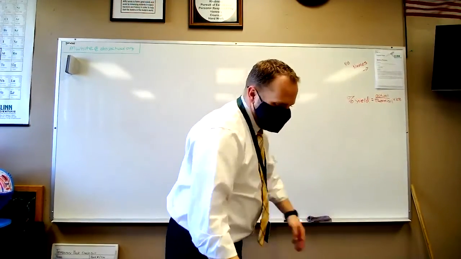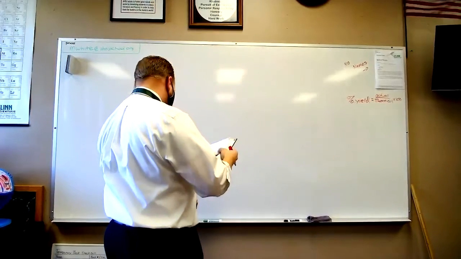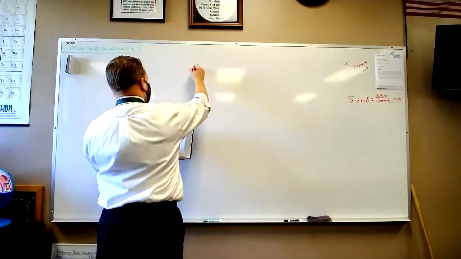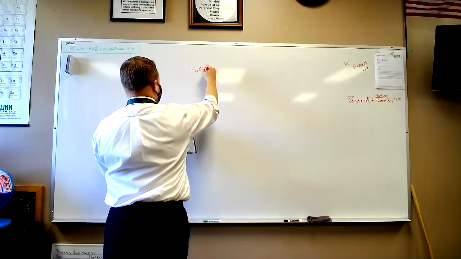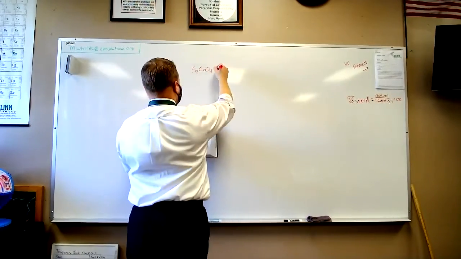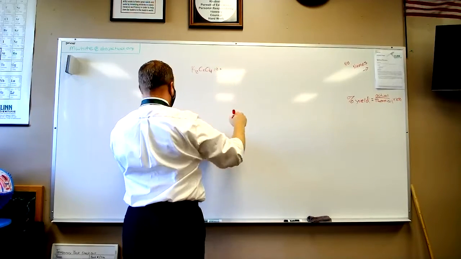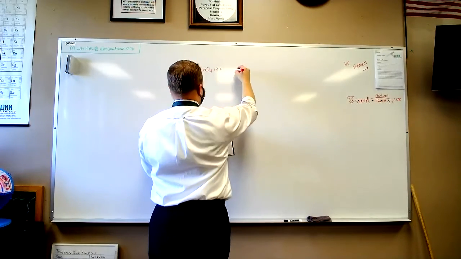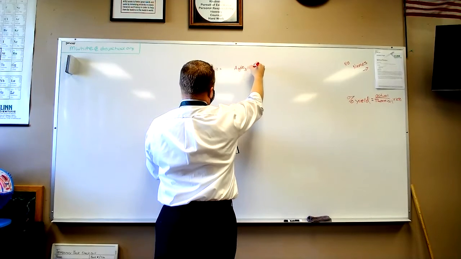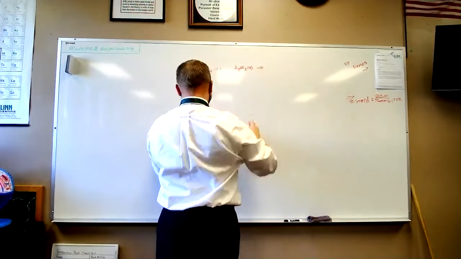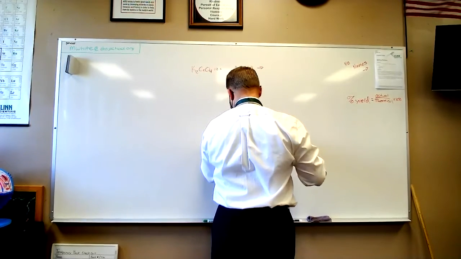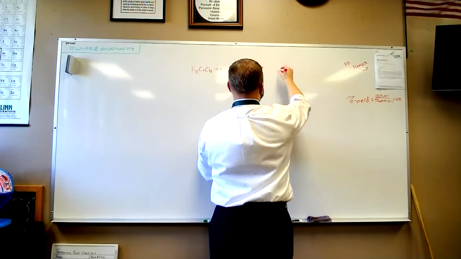Okay. So we have potassium chromate added to a solution, so that's solid. We're adding it to a solution of silver nitrate. And we get solid silver chromate.